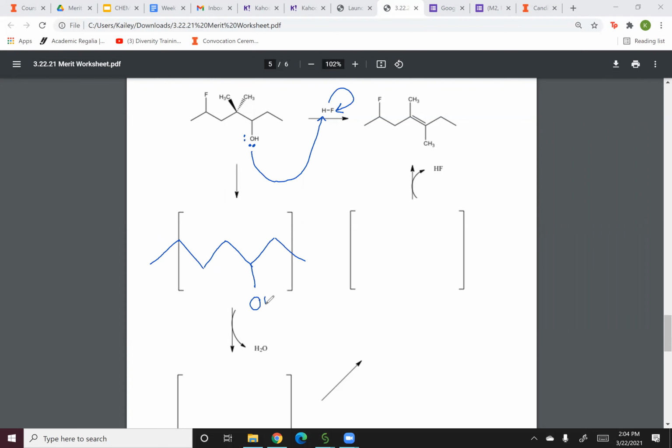My oxygen is now going to be positively charged. The only thing I'm changing is the protonation of that alcohol, so everything else is going to stay the same. So we're going to have this guy next.